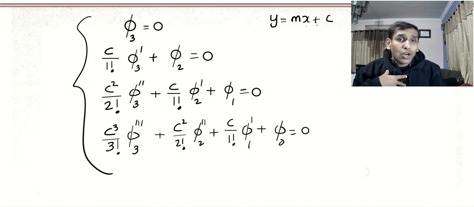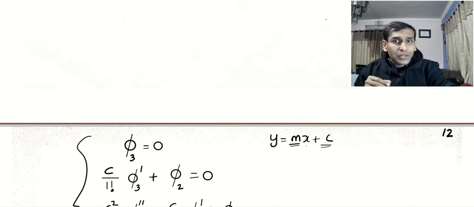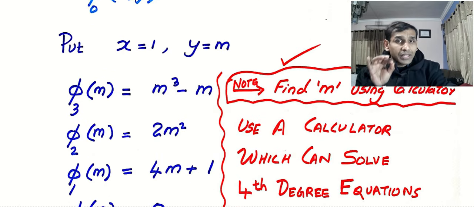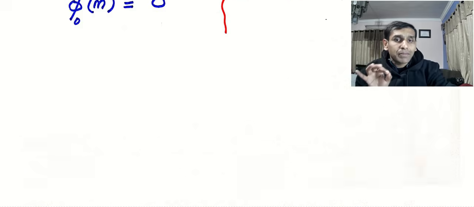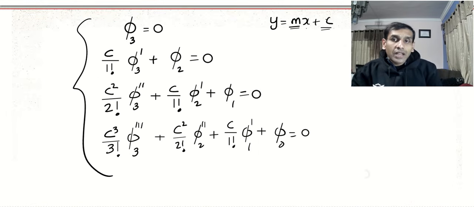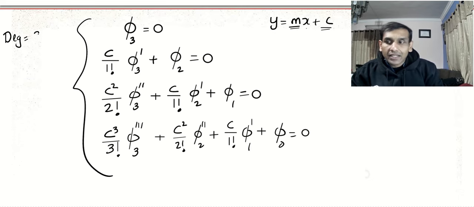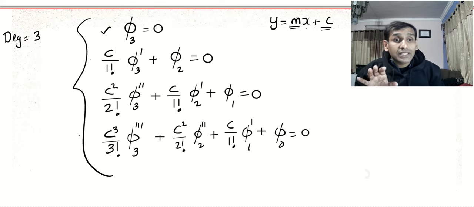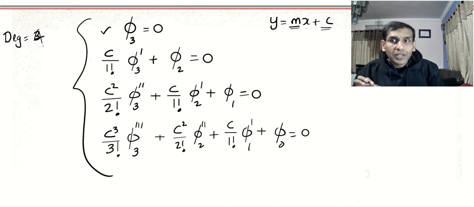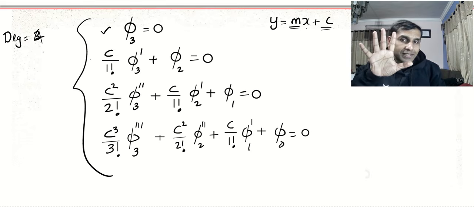And our job is to find m and c. So the working rule that I am giving you will give you all the values of m and c. And remember, when the degree is 3, there will be 3 plus 1, 4 equations. How many equations? 3 plus 1 is equal to 4 equations. If the degree is 4, there will be 5 equations.